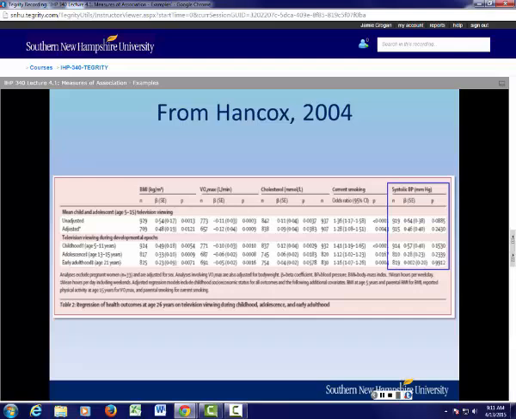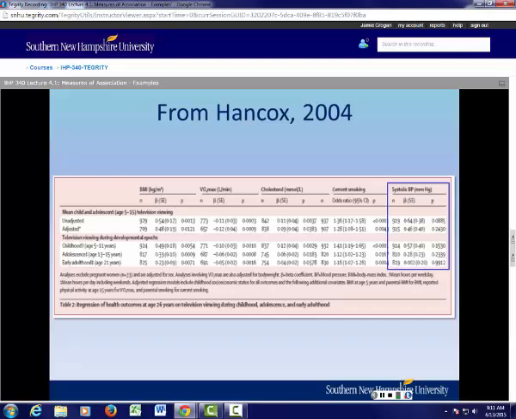It's kind of like the standard deviation of the beta, and the beta is the slope, don't forget. So this is the slope for that variable. And then the last column for each adult health outcome is P. This is the p-value. This is the statistical significance. And so the p-values of 0.05 or smaller are the ones that are statistically significant.